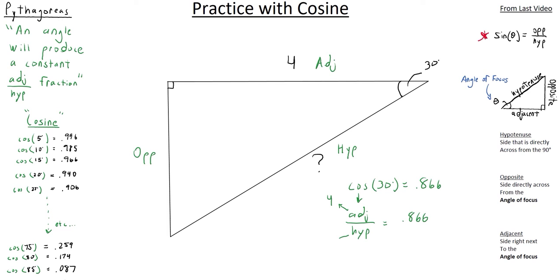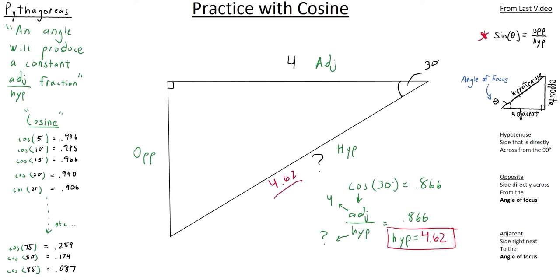We know that the adjacent side is 4, and the hypotenuse is unknown. So if I do my algebra and do 4 divided by 0.866, I will get 4.62. And there we go. We've used cosine.